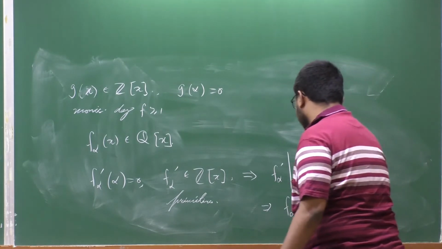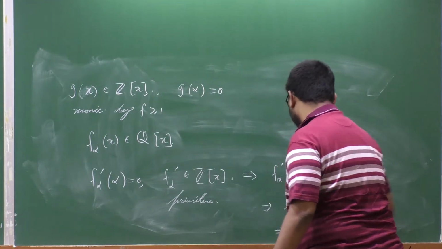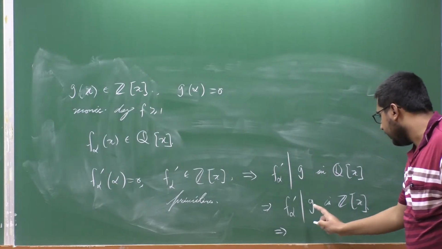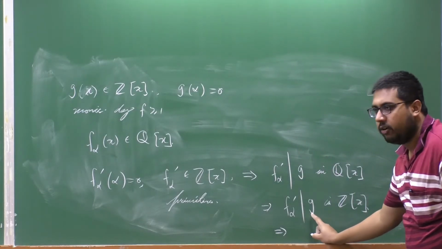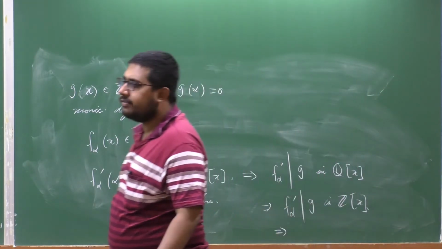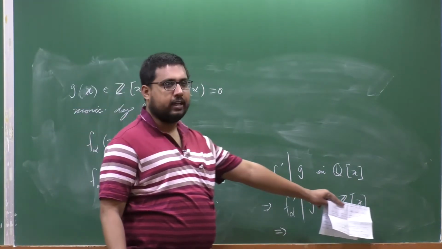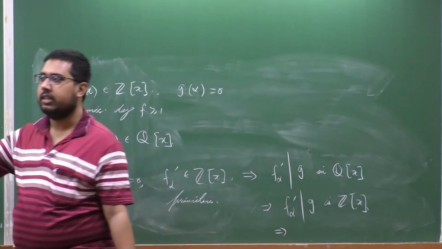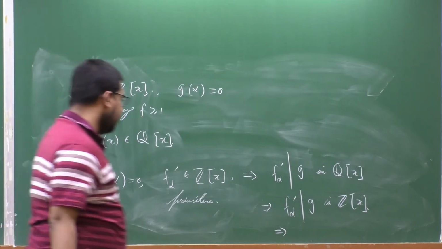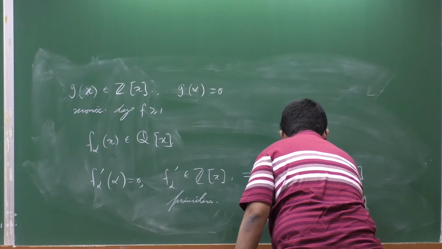This also has another implication. g has leading coefficient 1, and I don't know about the leading coefficient of f_alpha prime, but since it divides g in Z[x], the leading coefficient of f_alpha prime is a unit.